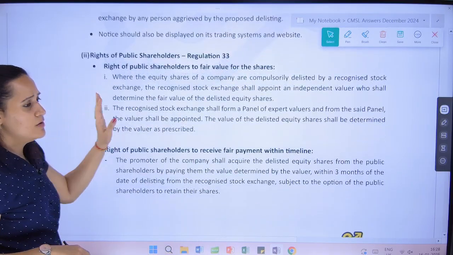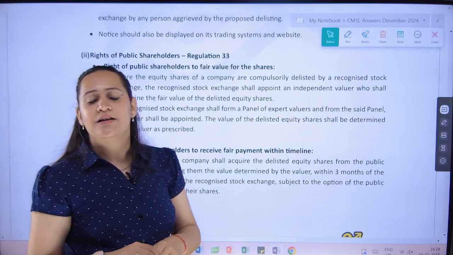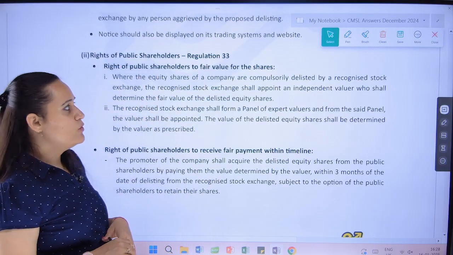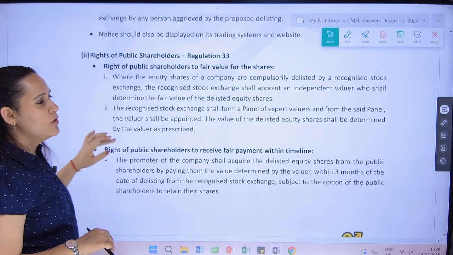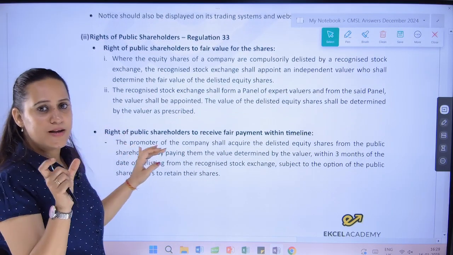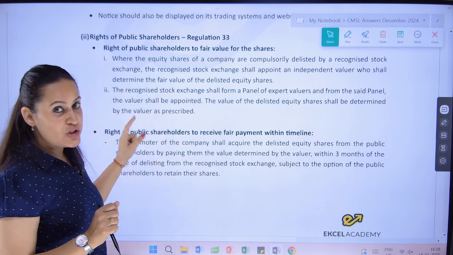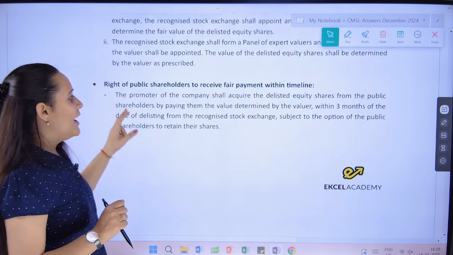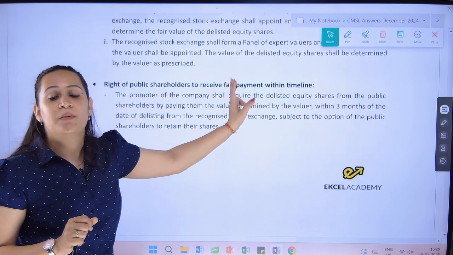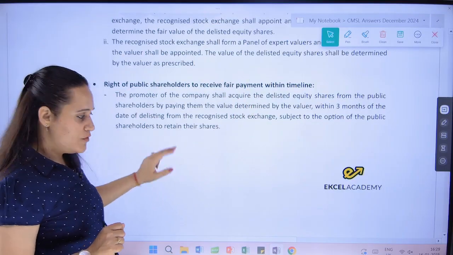Rights of public shareholders: regulation 33 of the delisting regulations talks about the rights of shareholders. It is the right of the public shareholder for fair value. Whatever exit price, offer price is going to be decided, that should be fair value, it should not be undervalued. They have a right to receive the payment and receive the payment within the prescribed period of time.